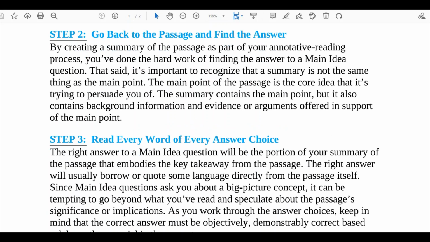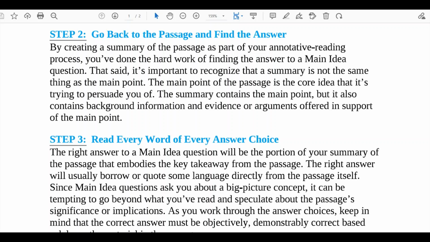Second step, go back to the passage and find an answer. By creating a summary of the passage as part of your annotative reading process, you have done the hard work of finding an answer to a main idea question. That said, it's important to recognize that a summary is not the same thing as the main point.